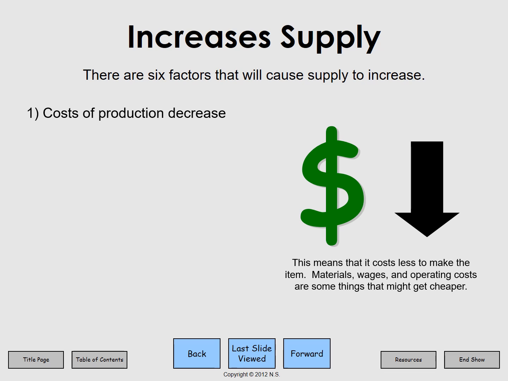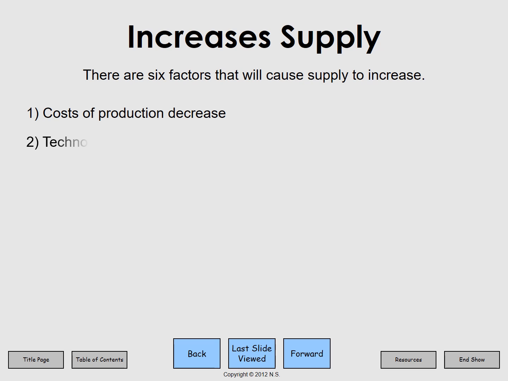So depending on what you're making, if it's a food product, then the ingredients are going to be cheaper. If you're building a car, metal goes on sale. Tires are cheaper, something like that. This means that it costs less to make the item. Materials, wages, operating costs are some things that might get cheaper.